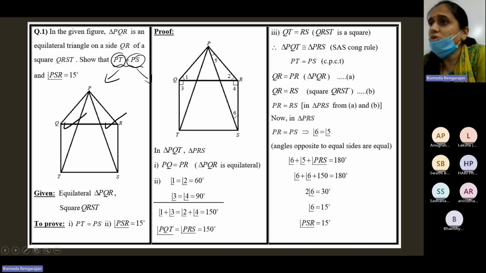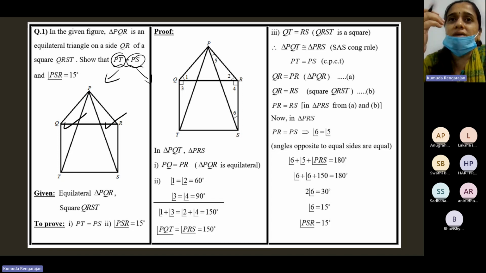So you should prepare your mind that the proof should somewhat go like this. We need to prove that these two triangles are congruent to each other. Once you prove that these two triangles are congruent, by CPCT, you can get that result PT is equal to PS.